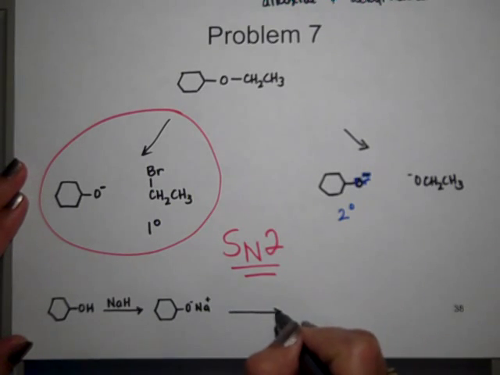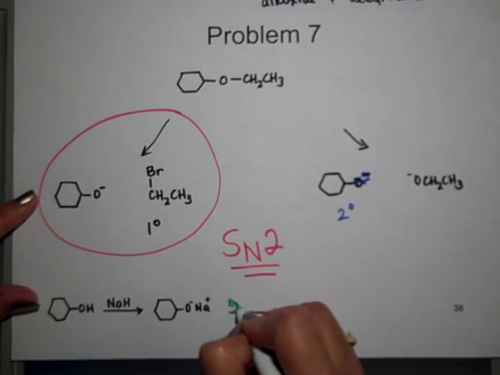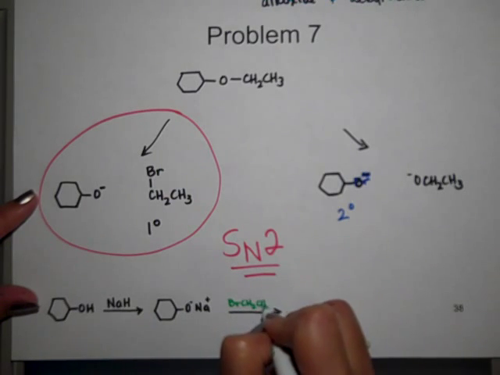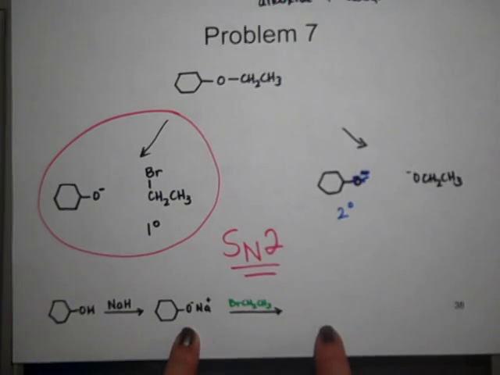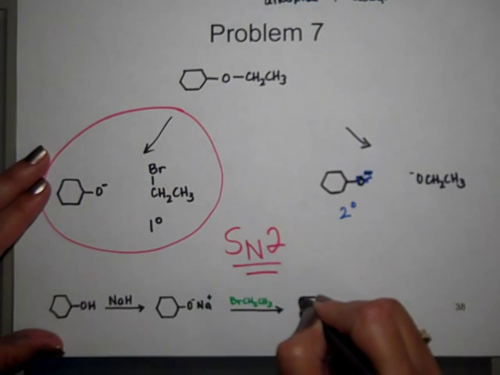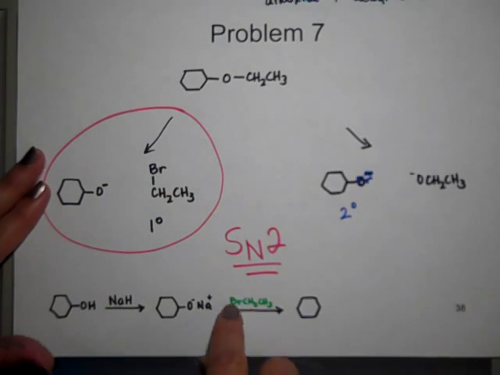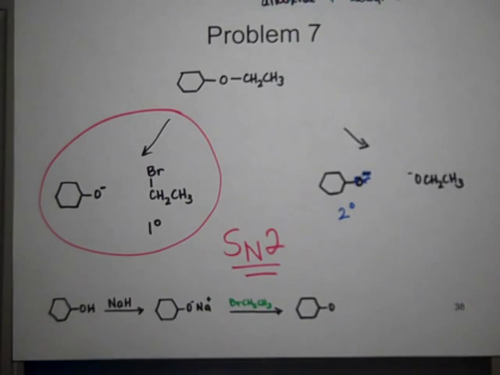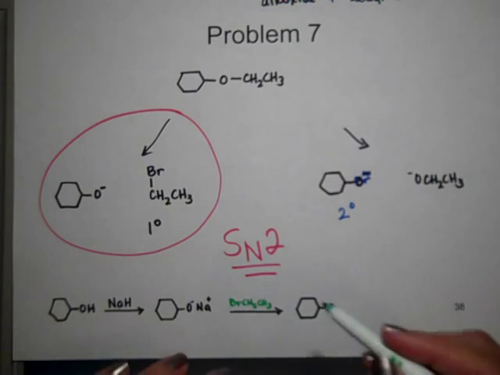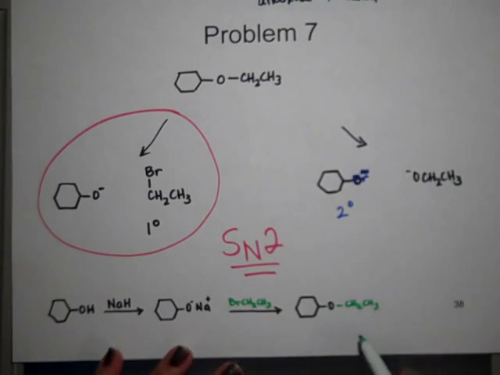Now we're going to add that primary alkyl halide right here. And that's the Williamson ether synthesis. This step right here is the Williamson ether synthesis, because this oxygen is going to attack the carbon that has the halide and displace the halide. And that's how you get the highest yield of your ether.